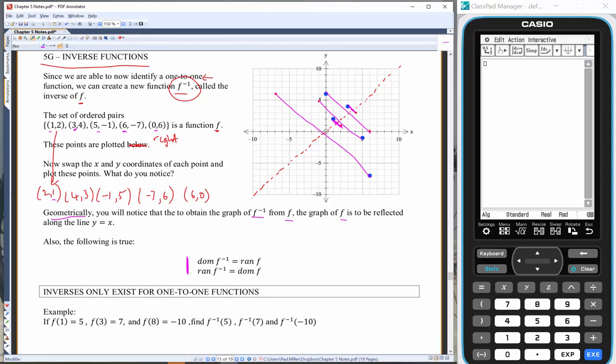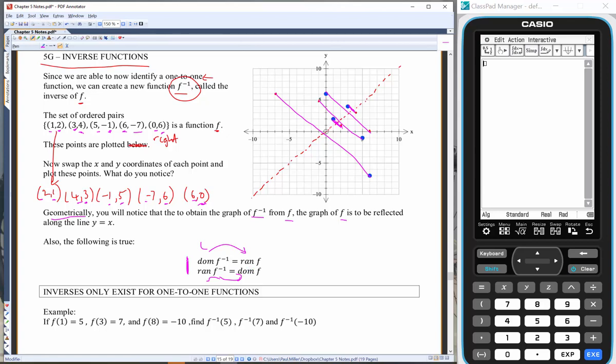The range, the y values that it can produce, are the domain of the original, and vice versa. So the domains and ranges swap. The domain of the inverse function is the range of the original. The range of the inverse function is the domain of the original.